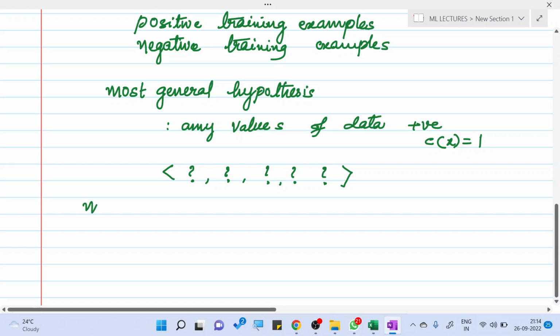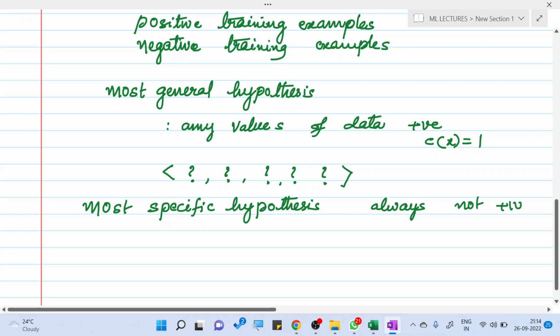Similarly, the most specific hypothesis. That means whatever the value, it will not be positive at all. That means C of x is always 0, not 1. That type of hypothesis is called most specific.